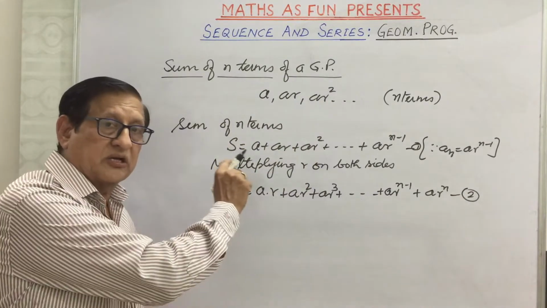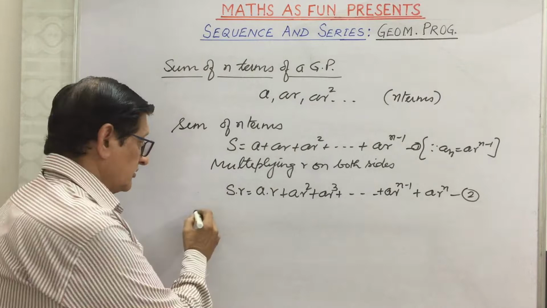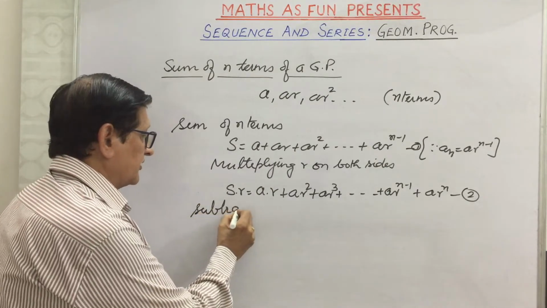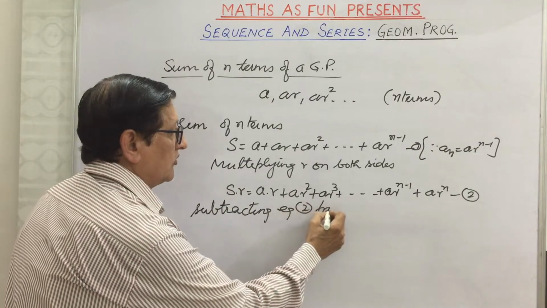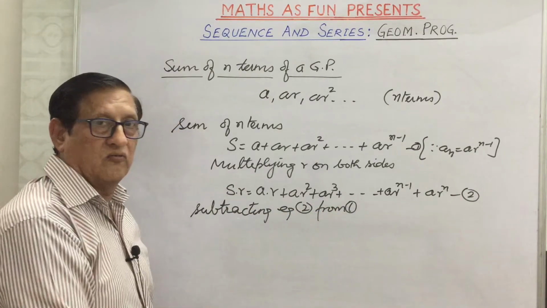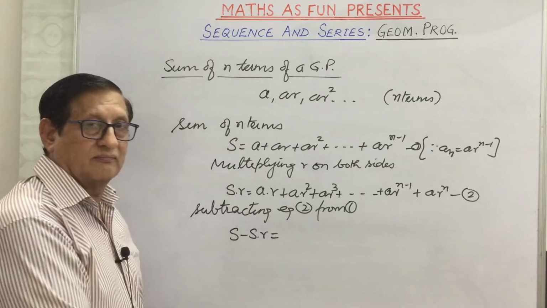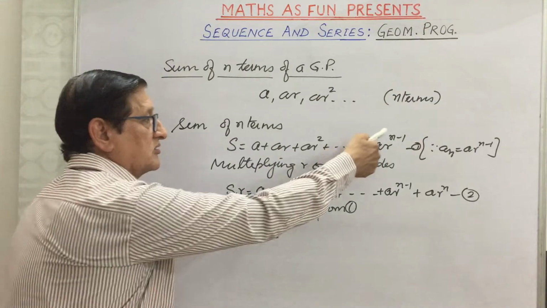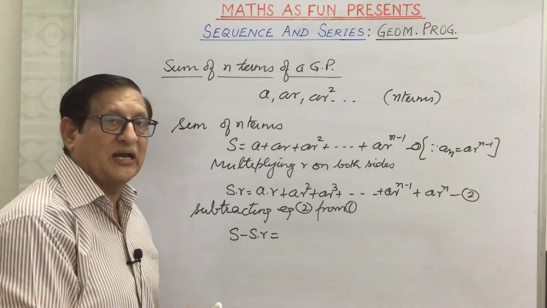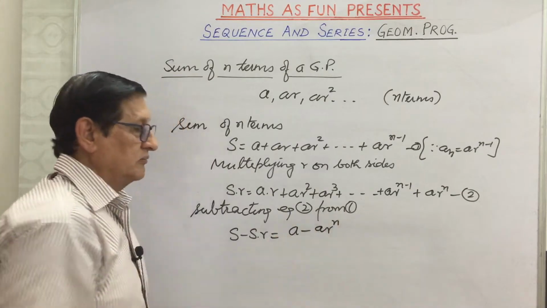Now if we subtract second equation from first, subtracting equation number 2 from 1, we will get here S minus S into R. And here you can see the second term cancels, third term cancels, so on till here the terms will be cancelled. And we will get here A minus AR power n.